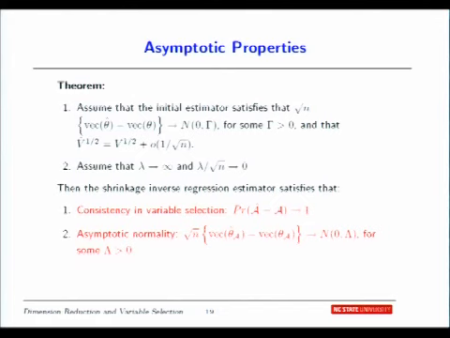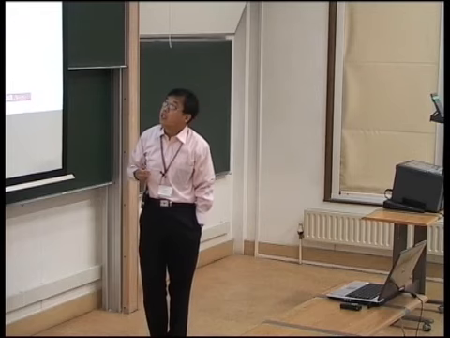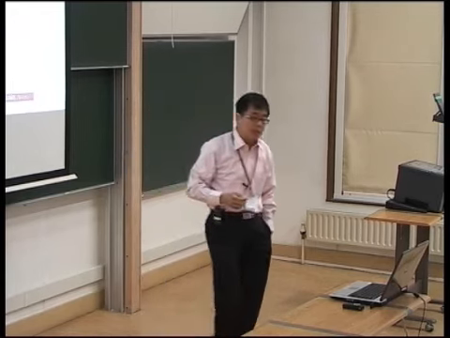In words, these two results say, first of all, we can consistently select all those active or relevant predictors with probability approaching 1. And second, for those truly relevant predictors, the basis estimate is still root n consistent.